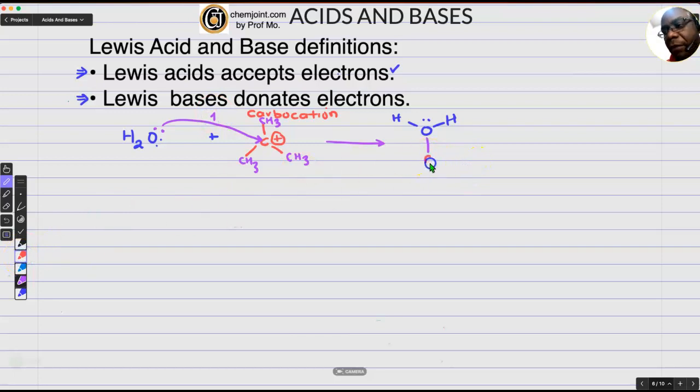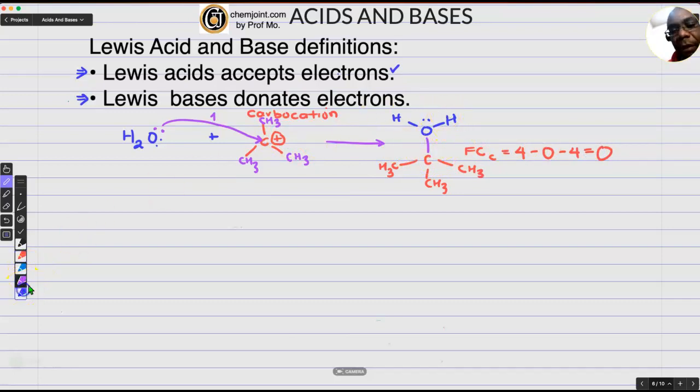That is gonna be joined to the carbon with the 3 CH3s. Now the carbon has 4 bonds around it, meaning it has 8 electrons around it because each bond is 2 electrons. The formal charge on this carbon will now be 0. Valency of carbon is 4. There's no lone pair on it, but there are 4 bonds. Subtract everything, you're gonna get 0. We started with a positive, now it's 0.